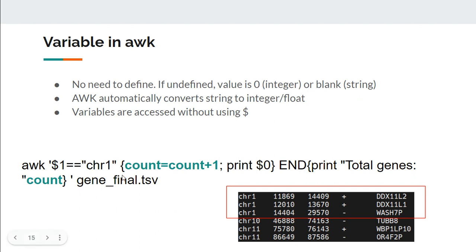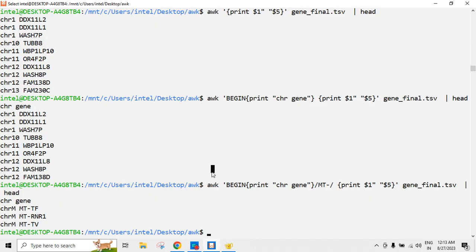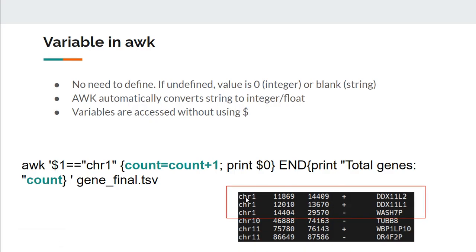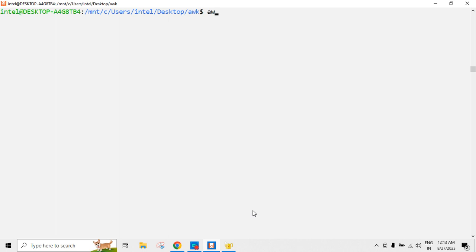In this example, our objective is to count how many genes there are in chromosome 1. First let's find out chromosome 1. This is the syntax: first put an action block, print $0, and the condition is $1 equal to chr1.